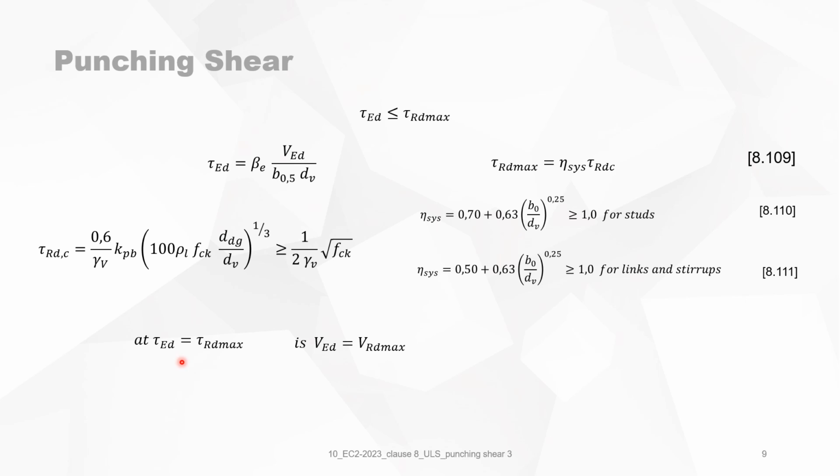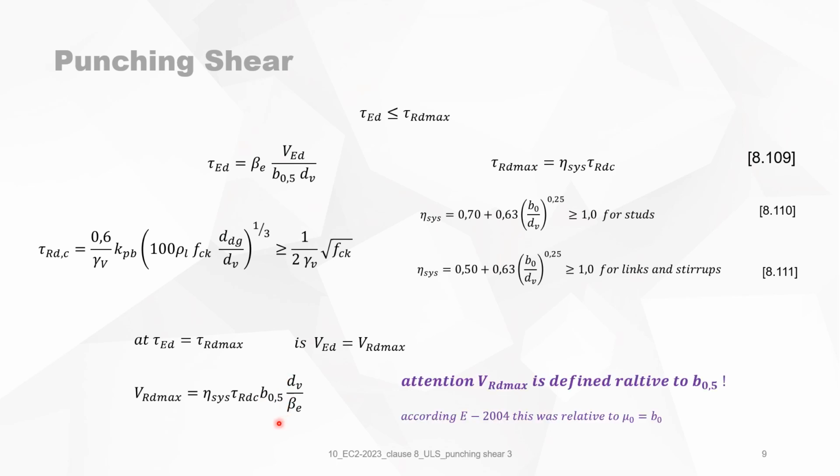So now we have to rework the different formulas, and VRd,max is then equal to eta_c tau_Rdc b0.5 dv over beta_e, which is a simple formula. But pay attention: VRd,max is now defined relative to b0.5.